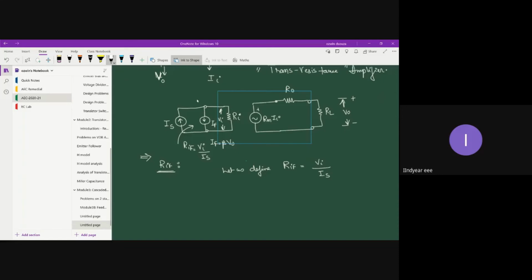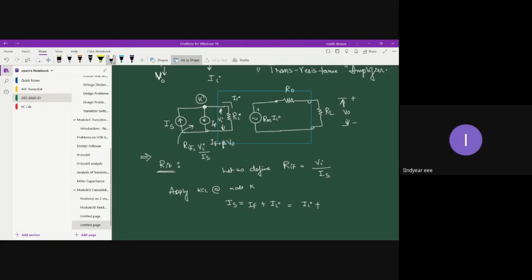Okay, and then let us apply KCL at node K. So that's Is is equal to If plus Ii. Okay, that is equal to Ii plus If.